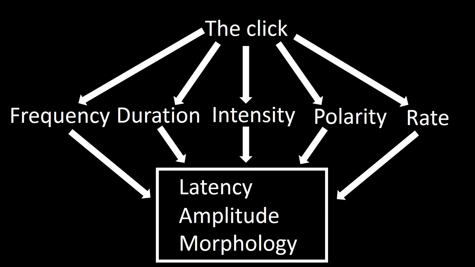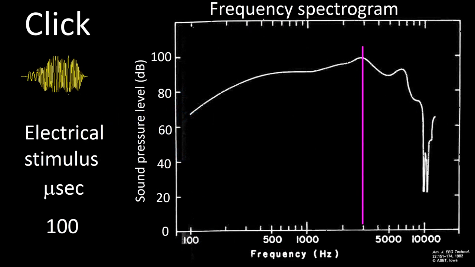Of the click elements that influence the waveform, duration is probably the least mentioned variable of all. Most studies are performed using a square electrical wave pulse of 100 microseconds.